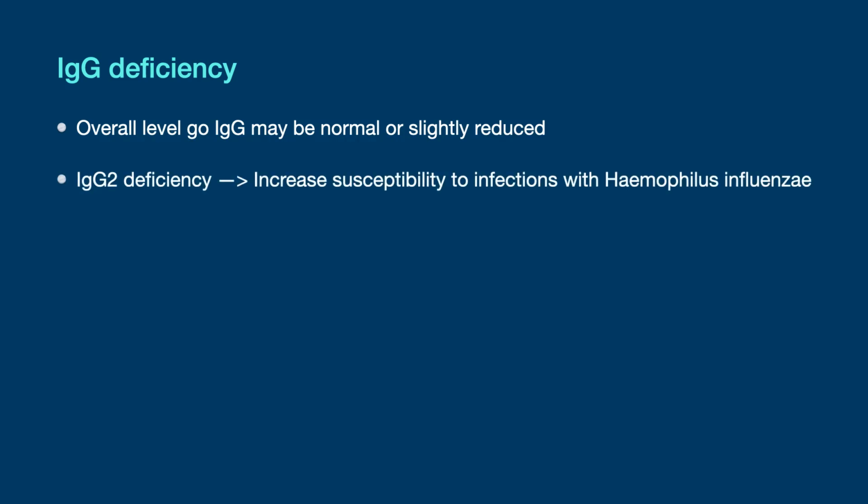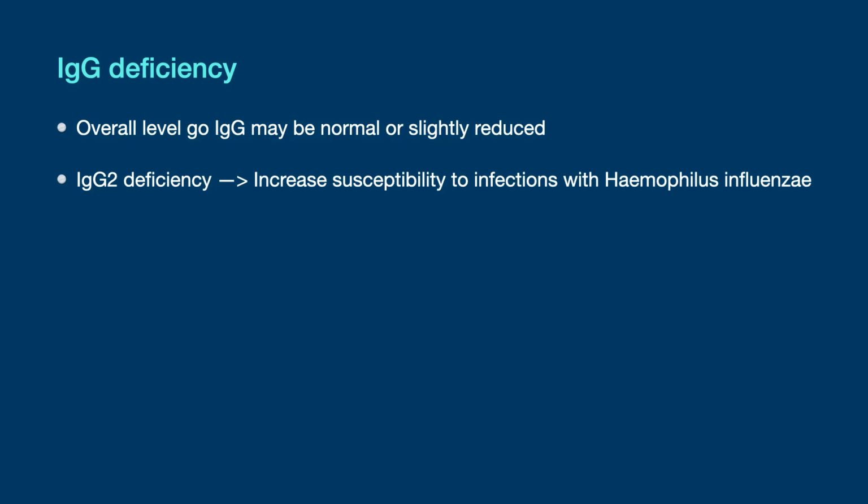IgG deficiency. In IgG subclass deficiency, the overall level of IgG may be normal or slightly reduced. IgG2 deficiency causes increased susceptibility to infections with polysaccharide-coated bacteria, including Haemophilus influenzae.